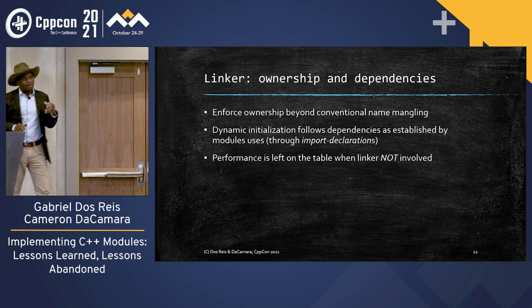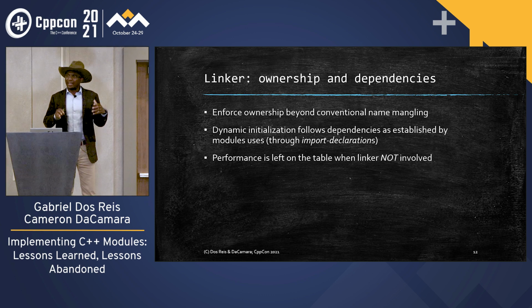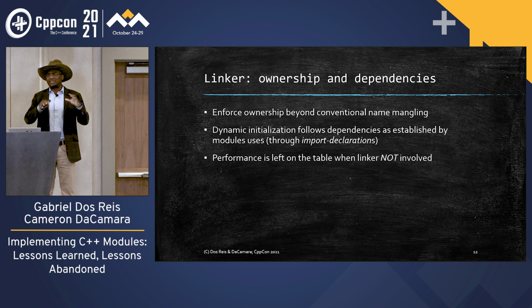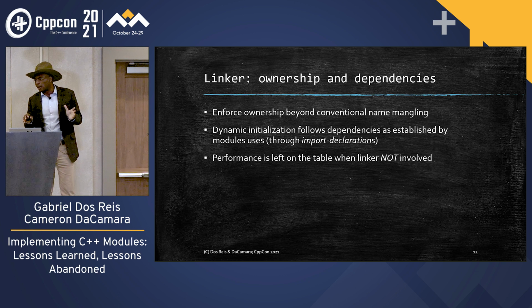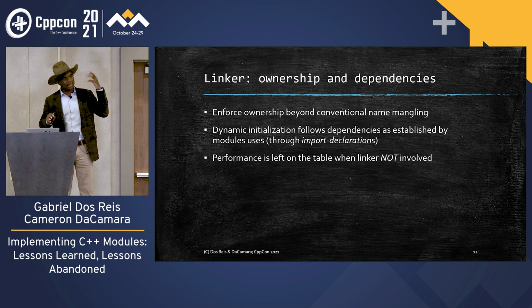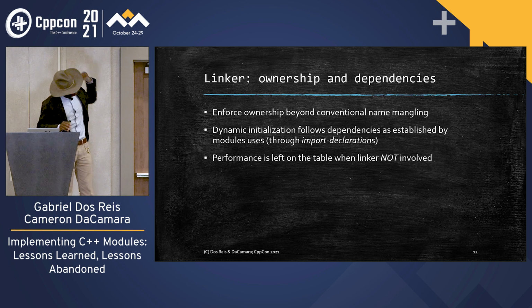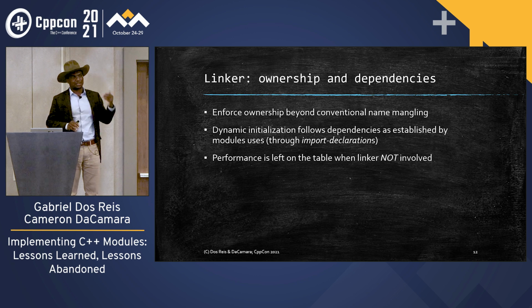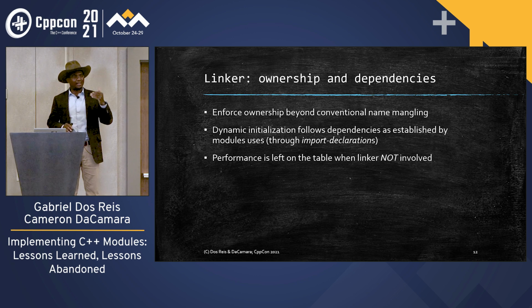So the notion of module as designed in C++20 is not some kind of surface syntactic sugar that is compiled away by the parser. No, it is a semantic notion that permeates the entire toolset from the parser to the linker. So the linker has to do its part to bring these increased safety guarantees to C++ users.